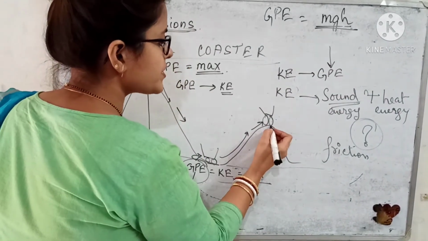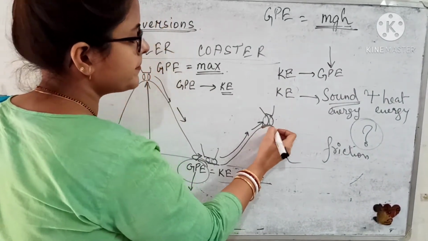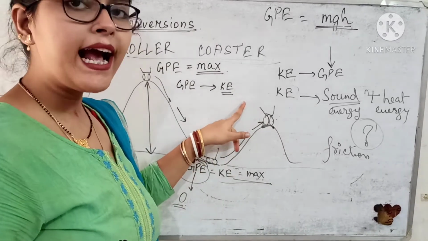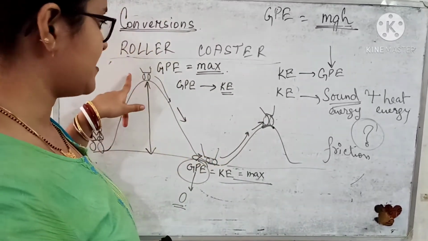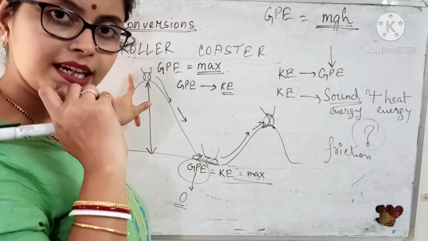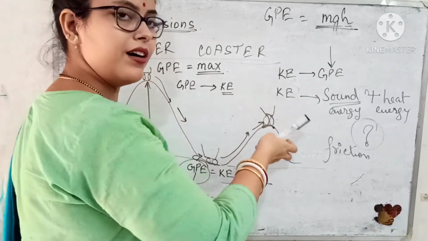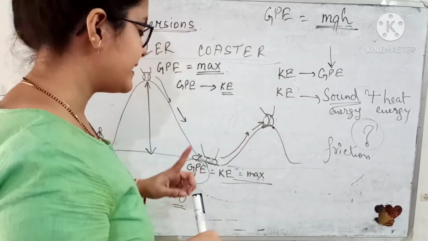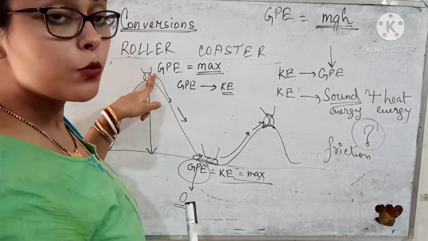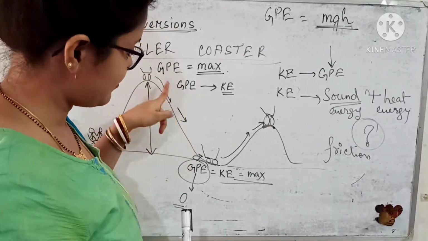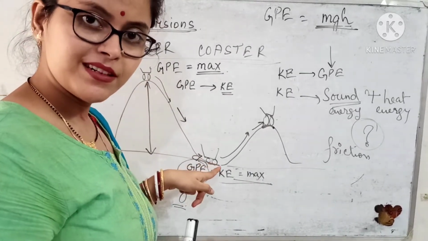So, the cart which is at this particular hill will have less potential energy than this. And it will again show a decrease in speed than the speed which the cart had taken over here. Understood?